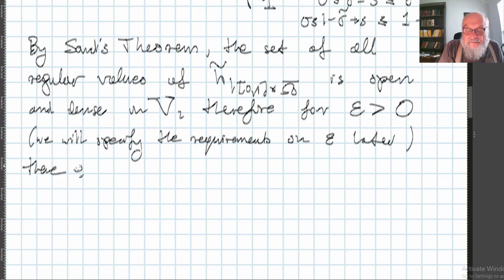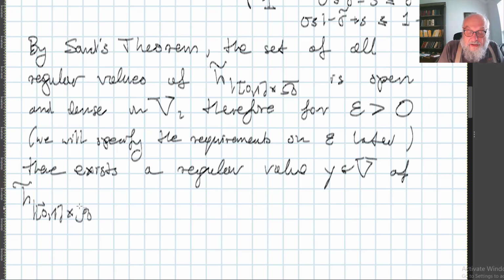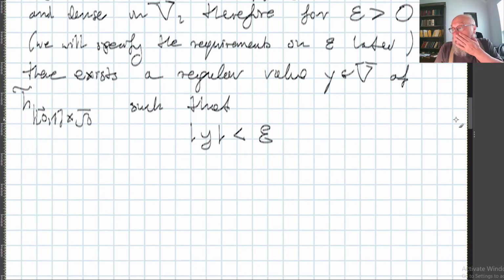there exists a regular value y belonging to V of h tilde restricted to [0,1] times omega, such that the norm of y is smaller than epsilon. Good.